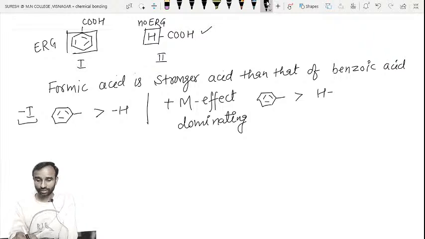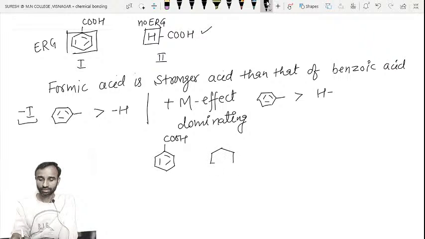Now let's have benzoic acid, paramethyl benzoic acid, para-nitrobenzoic acid.